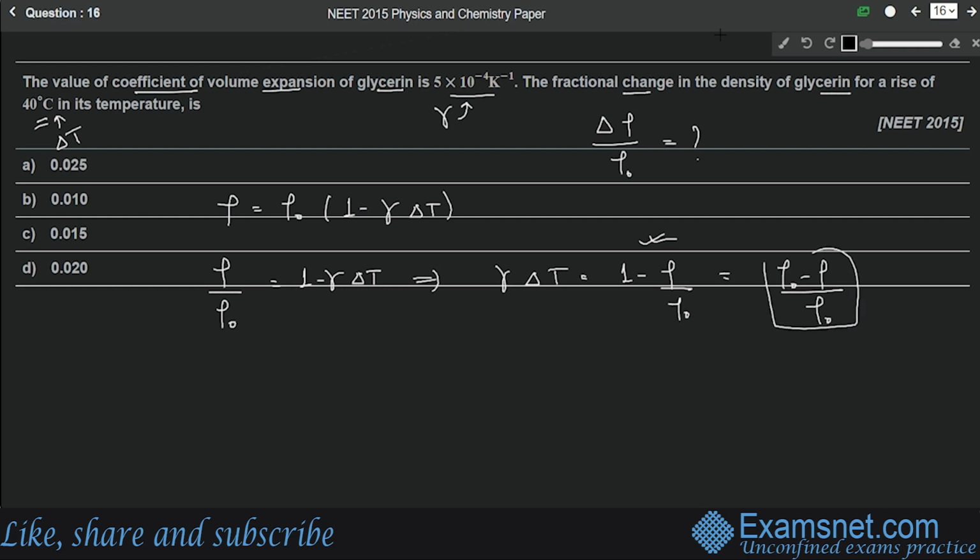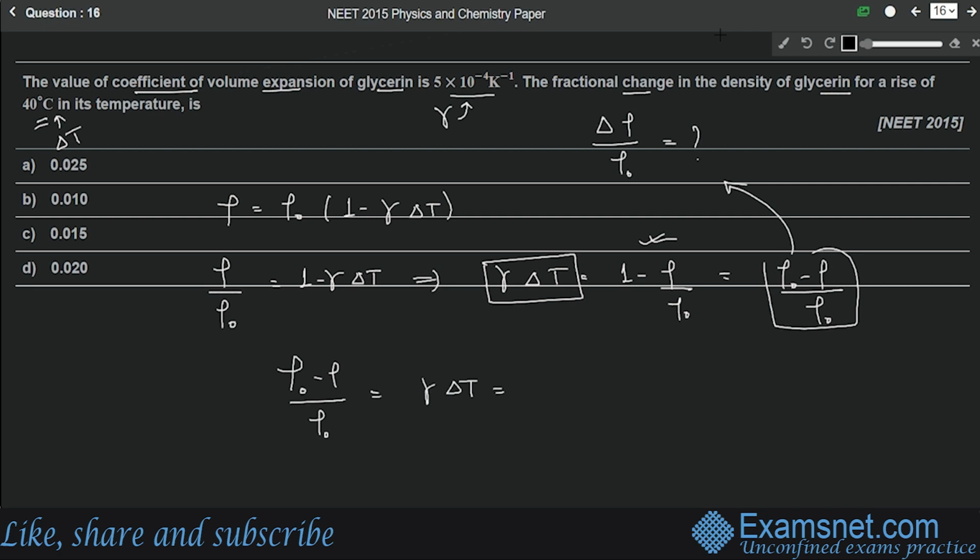This is the same thing as delta rho upon rho naught, the fractional change in density. So this is equal to gamma into delta T.